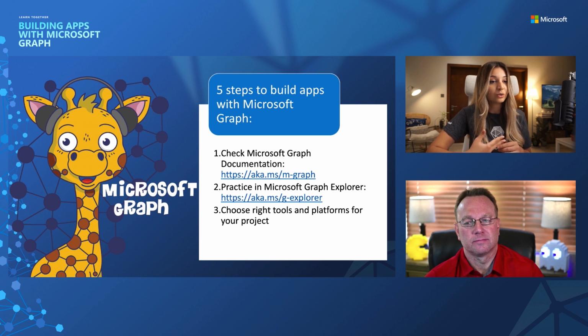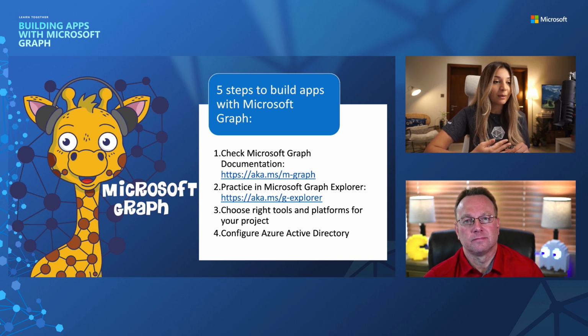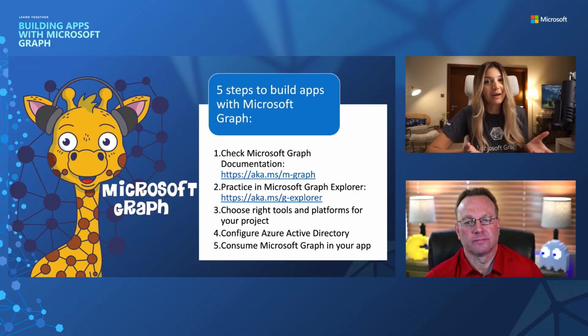Microsoft Graph provides a huge selection of SDKs and platform support, so you just need to choose the right one for your own scenario. Fourth step is to configure Azure Active Directory. As we mentioned, we need authentication and authorization, which Azure Active Directory provides us. And the last part is just to consume Graph in your own app.